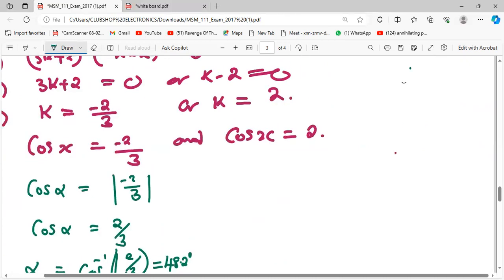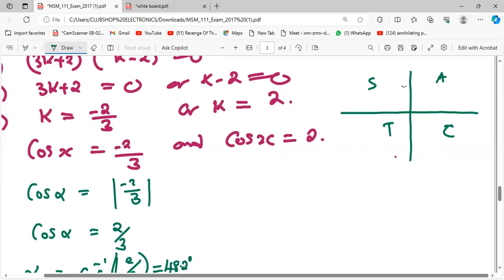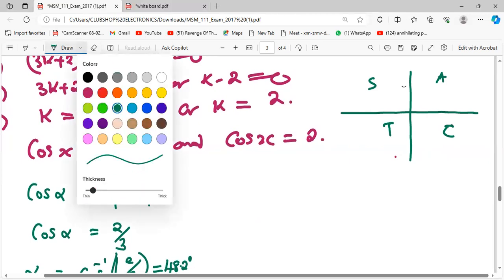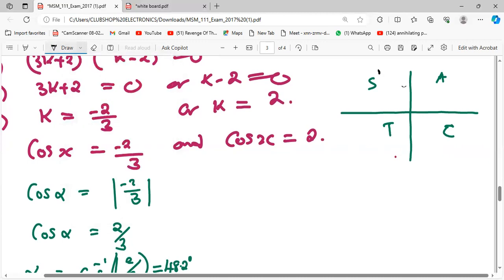Now, if this cos is negative, realize that cos is negative in the second and third quadrant.